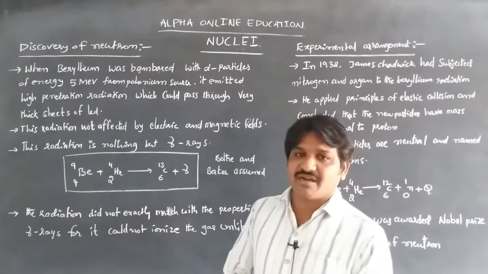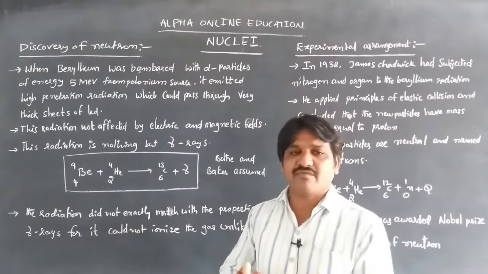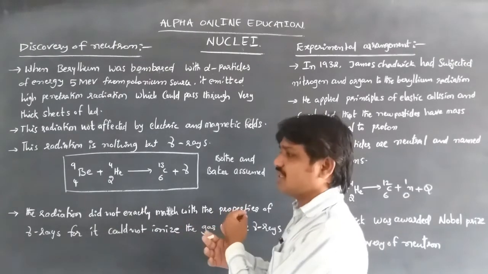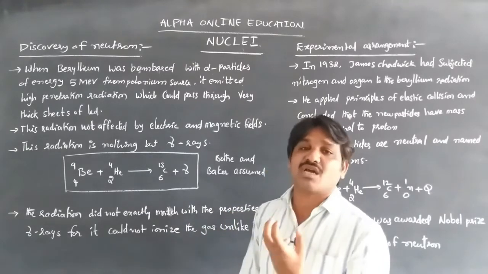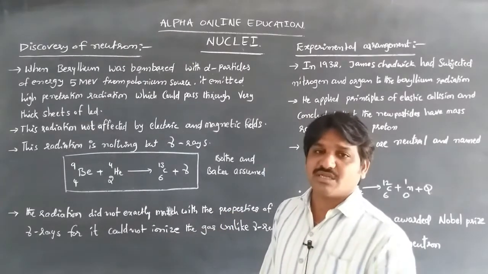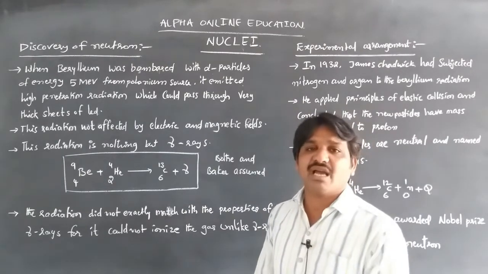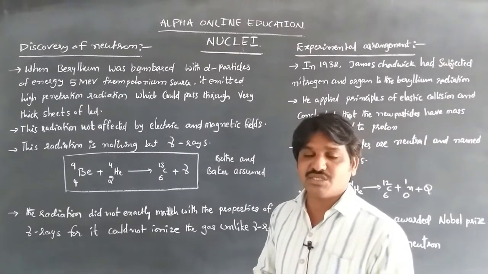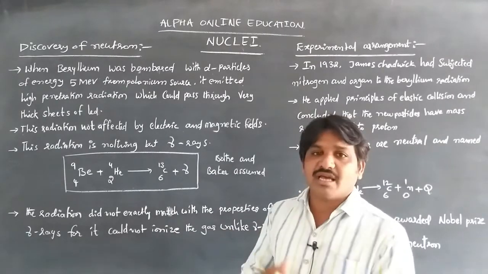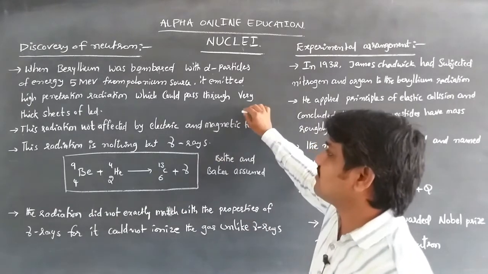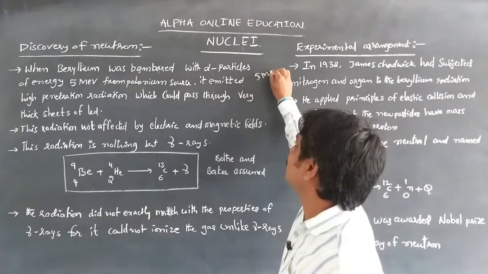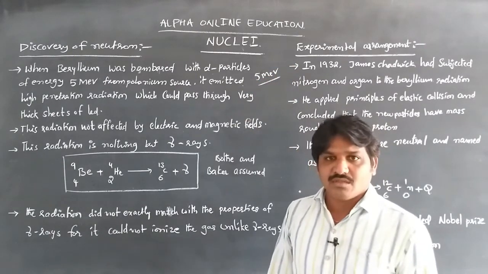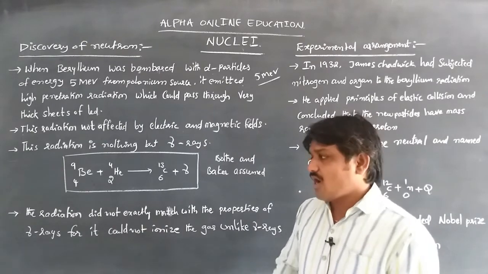He examined that when the beryllium radiation was incident on the paraffin wax, it emitted high energy protons, requiring radiation of about 55 mega electron volts, whereas the energy of the alpha particles bombarded on the beryllium is only 5 mega electron volts. So Frederick told that the gamma ray idea is wrong.